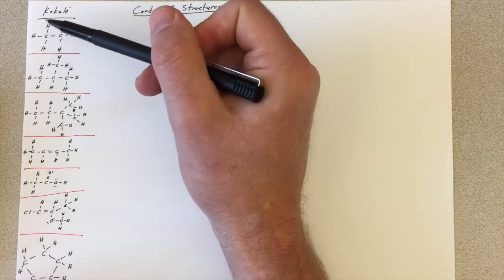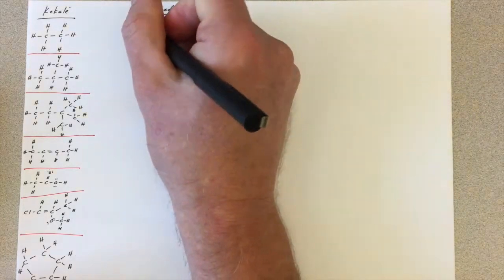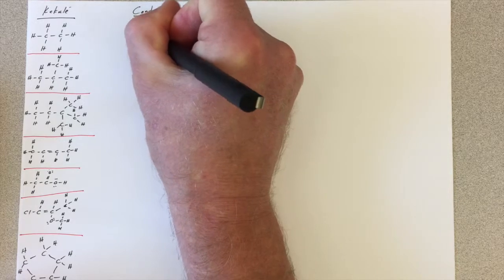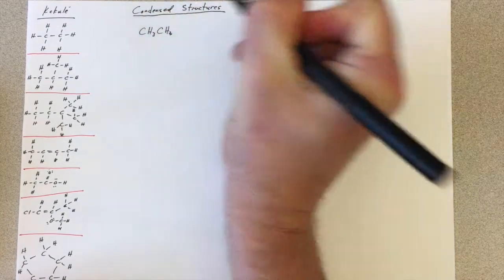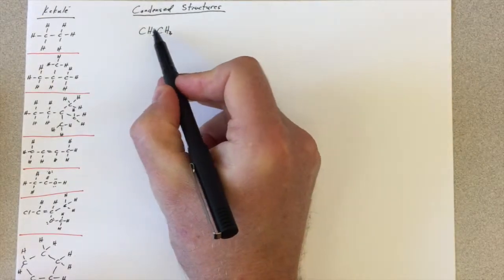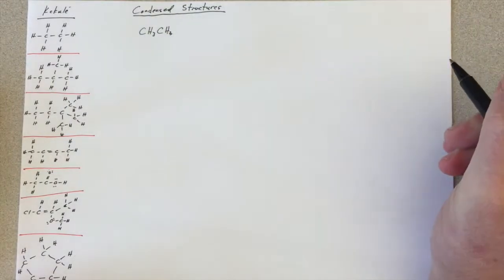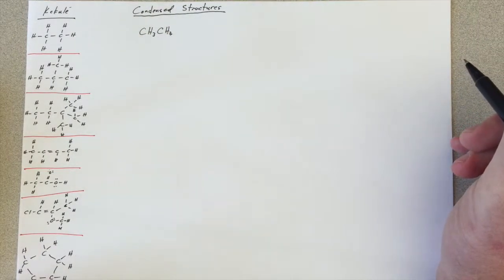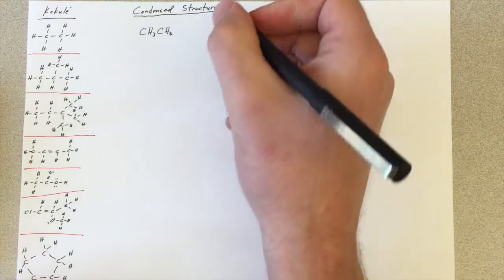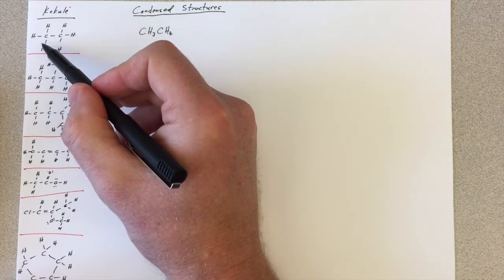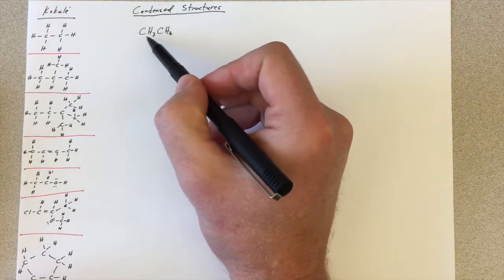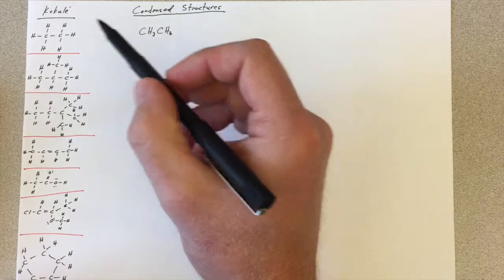So instead of drawing every single carbon-hydrogen bond, what we can do is call this CH3, CH3. Now we're assuming that the carbons are bound to each other because we're in organic chemistry and we usually have carbon-based backbones. Now this could also be an H3C unit, okay, but most of the time we call them CH3s.